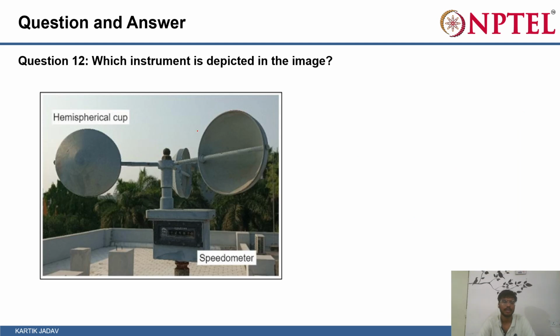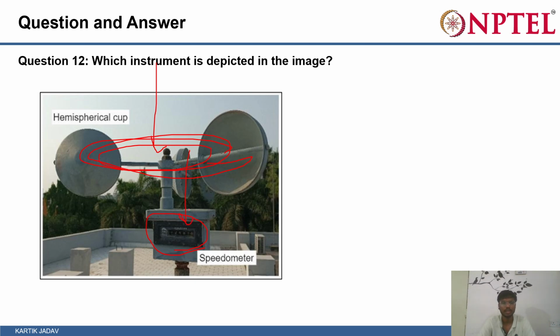Then this instrument is known as, anyone? This is the anemometer. An anemometer is generally useful to measure wind velocity. In that we have a speedometer, so as the wind blows, the number of revolutions will be counted here, right?